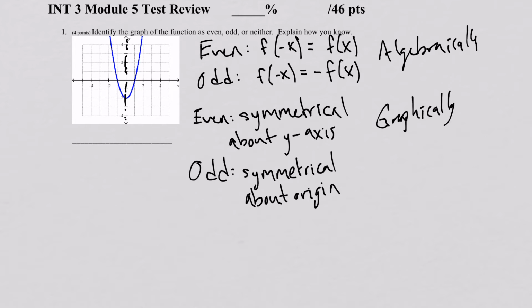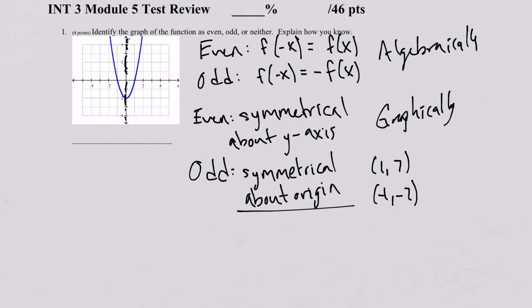What we mean by symmetrical about the origin is that if there's a point, for example, 1, 7, that exists on one side of the graph, then the point -1, -7 exists on the graph as well. And the point 2, 3, the point -2, -3 exists on the graph as well. So it's symmetrical about the origin, where you can just reflect over the origin. You're jumping over the origin to its exact opposite side.